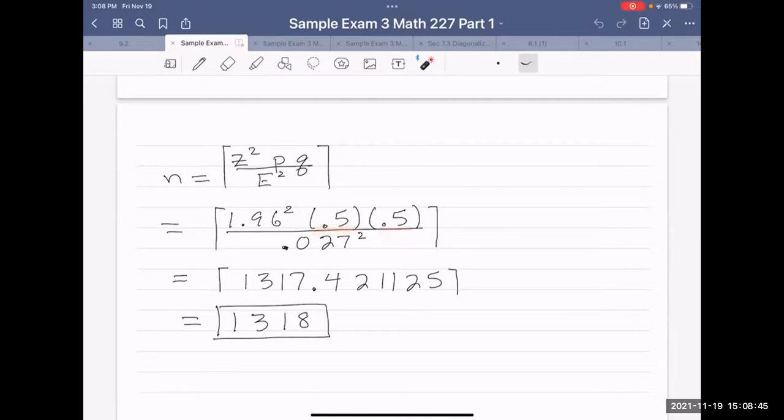So let's use 0.5 for both p and q. And so n is equal to 1.96 squared times 0.5 times 0.5 divided by 0.027 squared, 1,317.421125. And you round this up to 1,318. So that's your sample size.